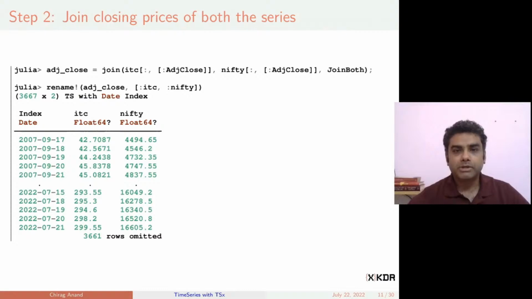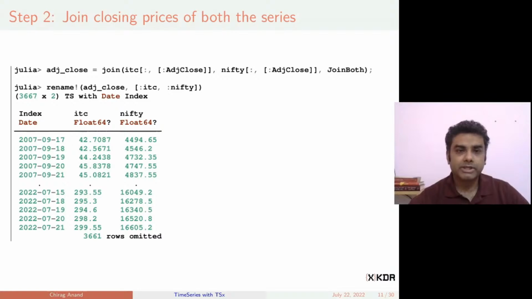The second step is to join the closing prices of both the series. We are interested in adjusted close, and what we do is take the intersection of the index of both the series and create one data set, one table out of this. Because the join operation created different names, we have to rename the columns to their original symbol names so that we can use them conveniently later on.